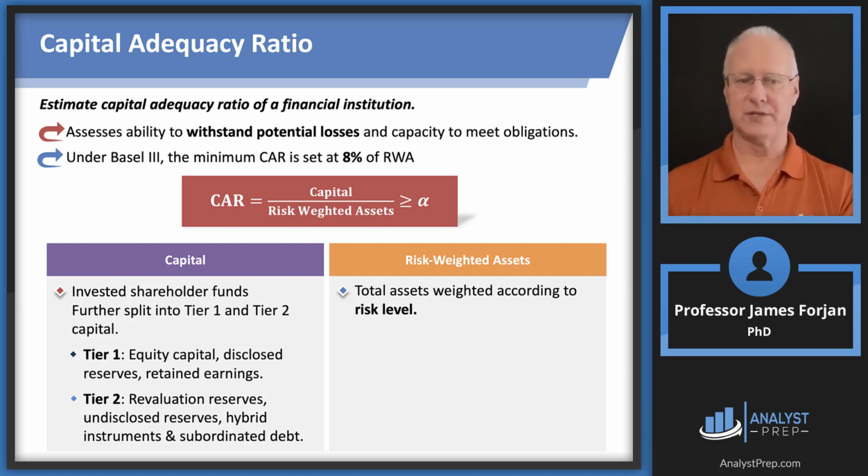Now, the capital, there's tier 1 and tier 2. We know this from just our regular old knowledge of the Basel people, but I'm guessing that you ought to know this since the chapter does mention that the minimum capital adequacy ratio is set at 8% of those risk-weighted assets.